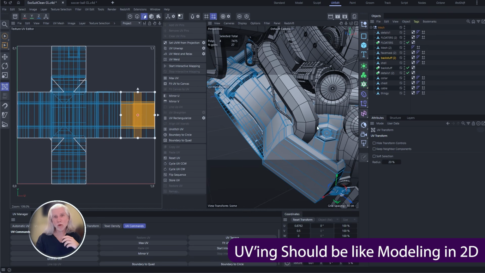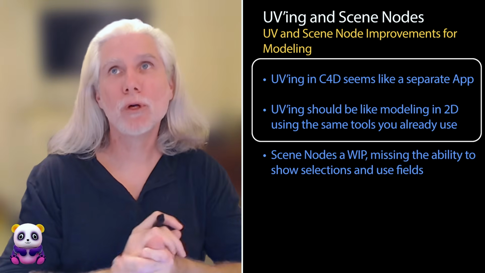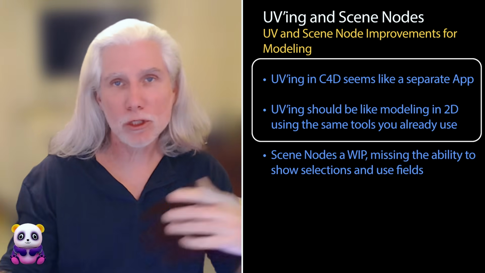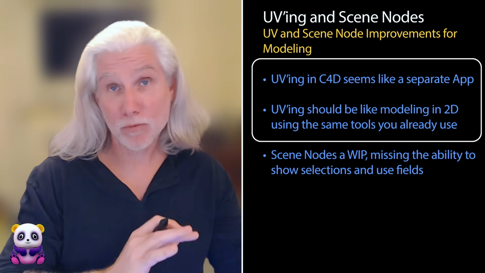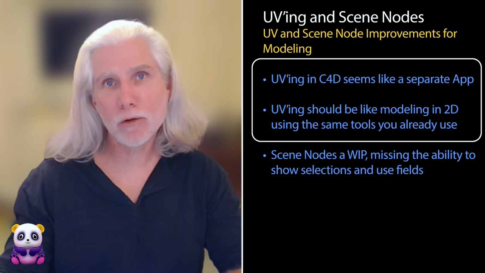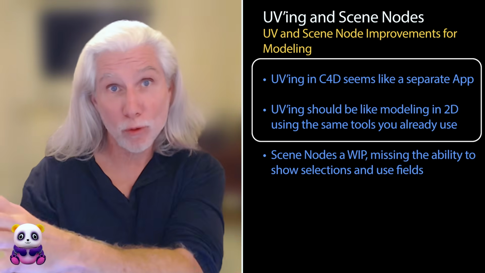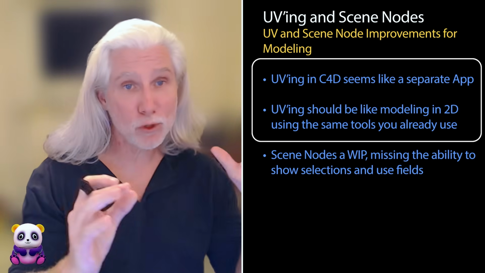And if I'm going to use a completely different program to UV, why not just use UV Layout or RizomUV or something like that? So at a high level overview, UV should just be like modeling in 2D. All the tools they are already really good with in the 3D viewport, just use the same tools in the 2D viewport.